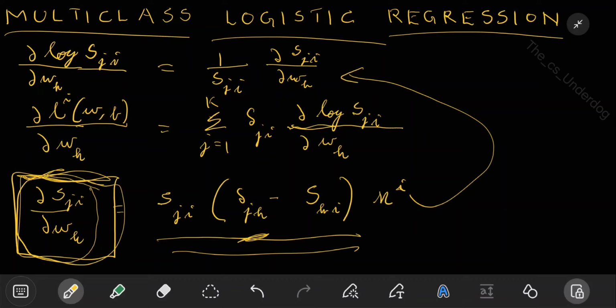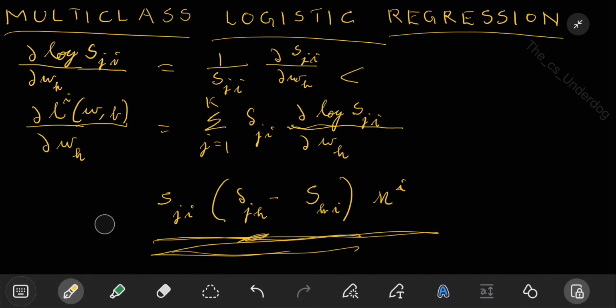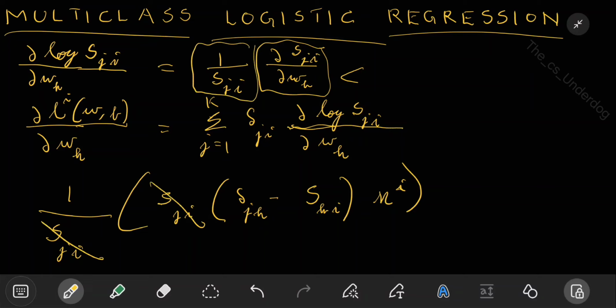So now if you take the derivative of this whole thing, this into 1 by Sji, this Sji and this Sji cancel out.